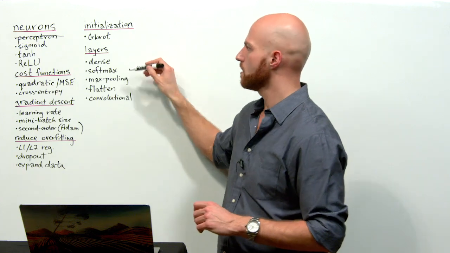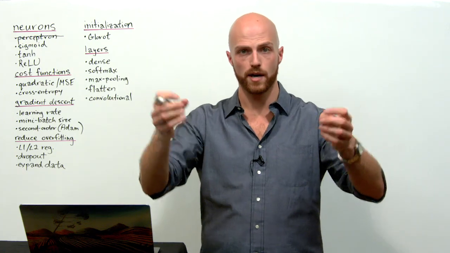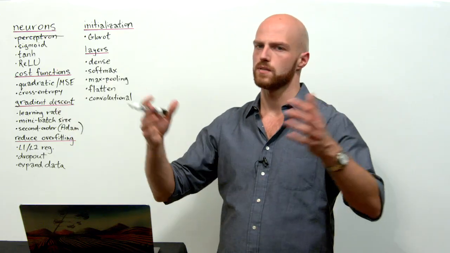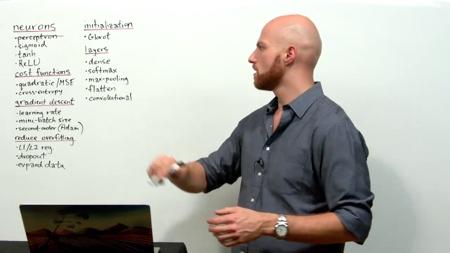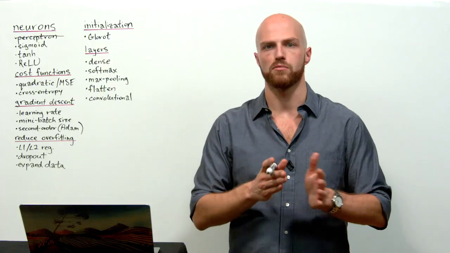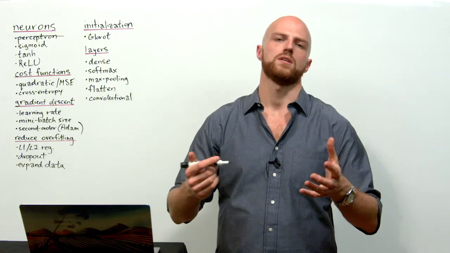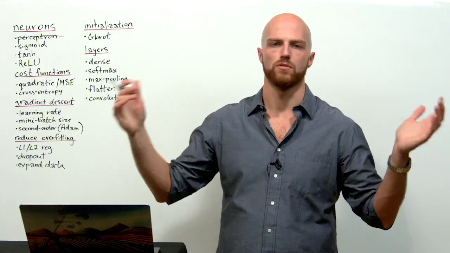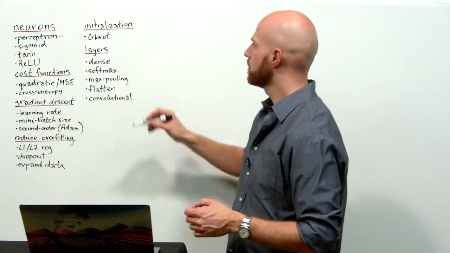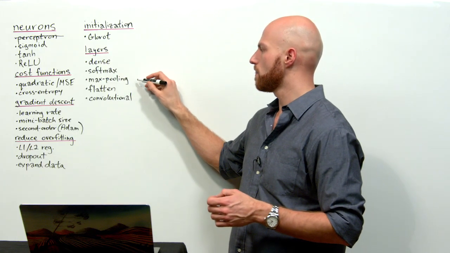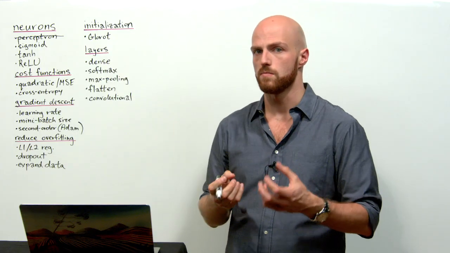The softmax layer is used for the output layer. So if we have multiple classes, 10 classes of MNIST digits, then you use a softmax layer to get a probability from 0 to 1 that any given image is the digit 0, 1, 2, 3, 4, 5, 6, 7, 8, or 9.